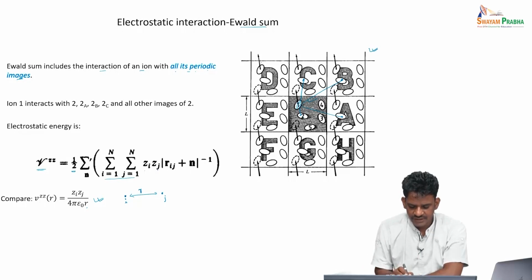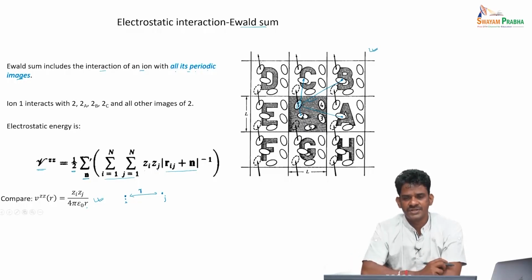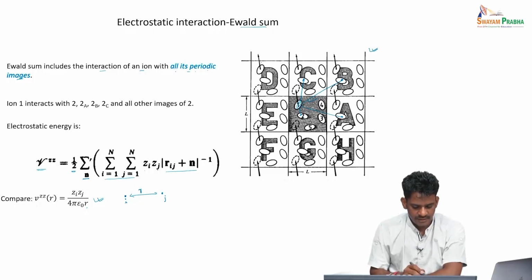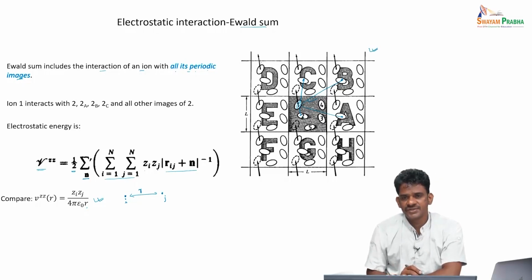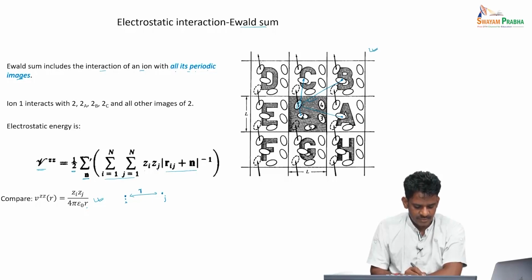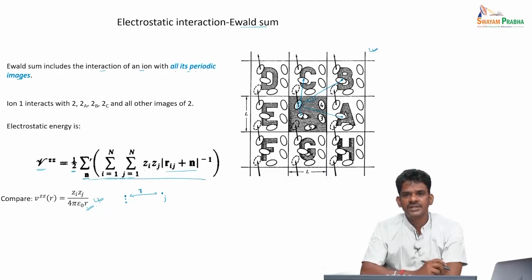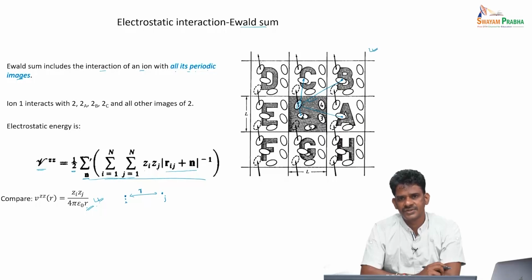Now instead of Rij, what I have done here is Rij plus n. So this summation over n is a sum over all the periodic images. In principle, the two expressions are essentially the same thing, except that this one talks about a chosen pair i and j, whereas this expression is for the Coulombic or electrostatic energy of the entire simulation system.